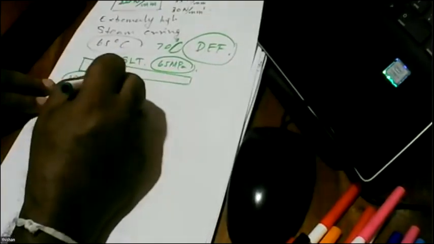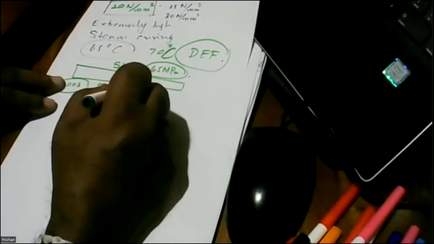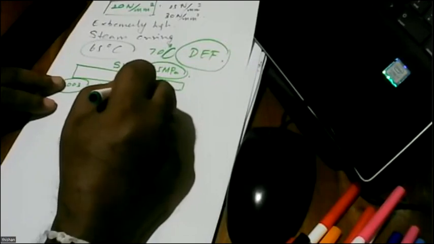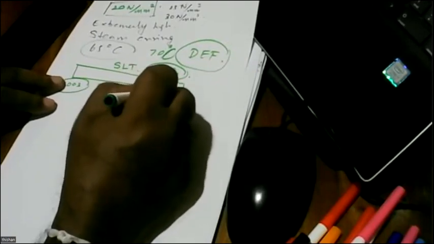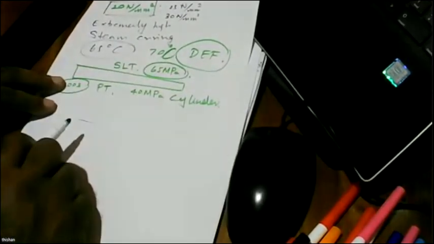So, for example, when I was in Australia in 2003, I was teaching PT for the students of Queensland University of Technology for bridge engineering. And we went for a site visit to the manufacturing yard. They were using 40 megapascal cylinder strength as per the Australian practice.